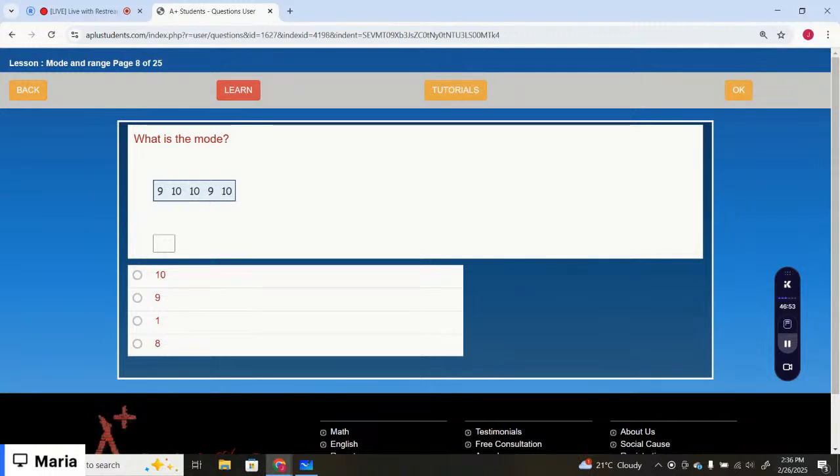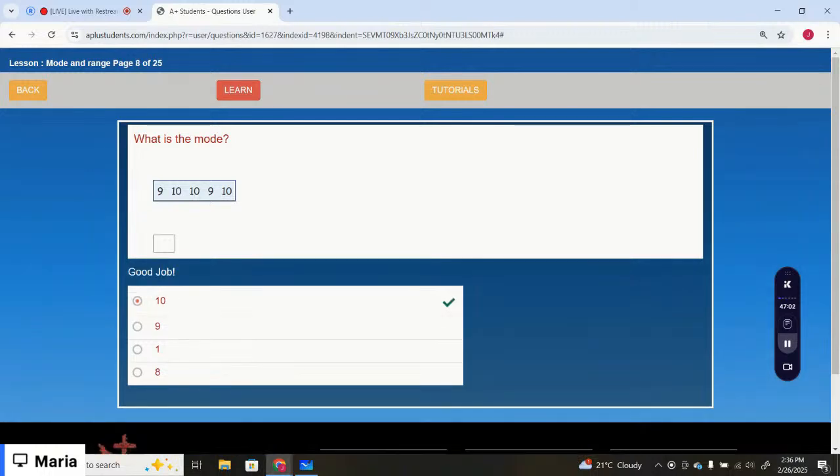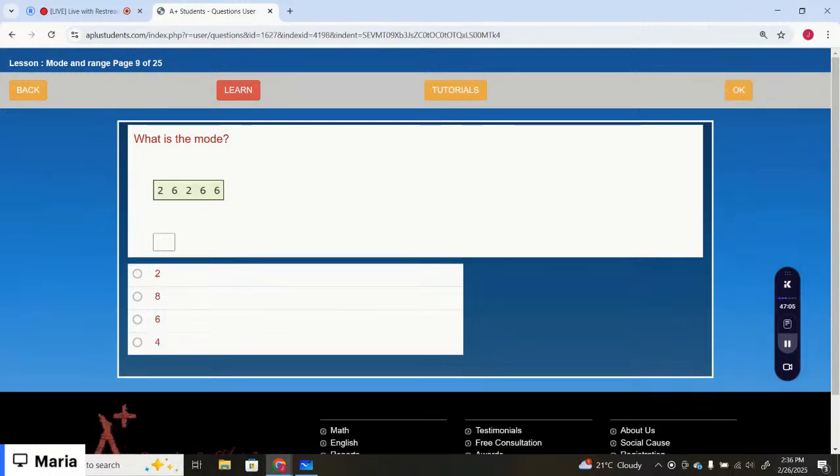What is the mode, which is the correct option? The mode is 10. 10 is the number that appears the most in the given data. So that is 10.